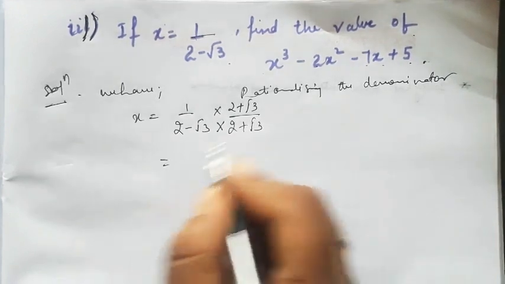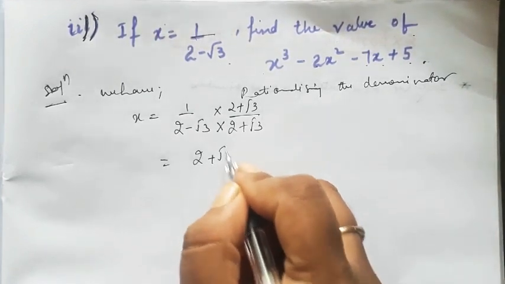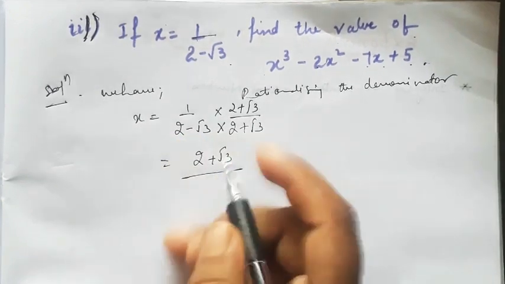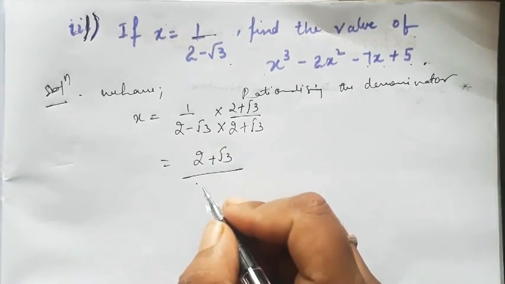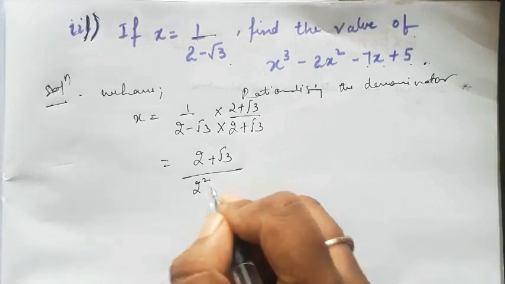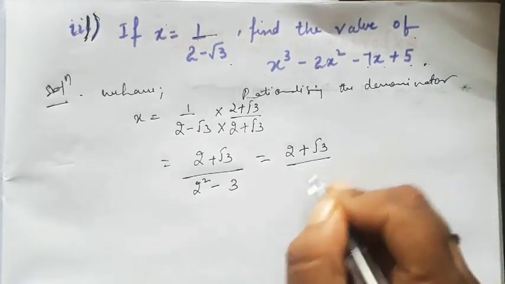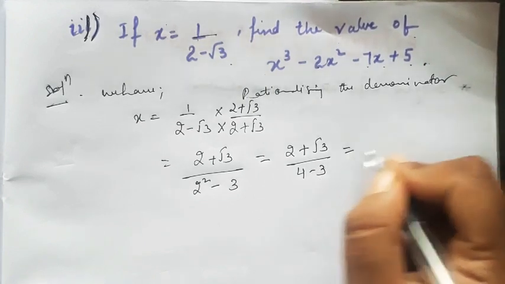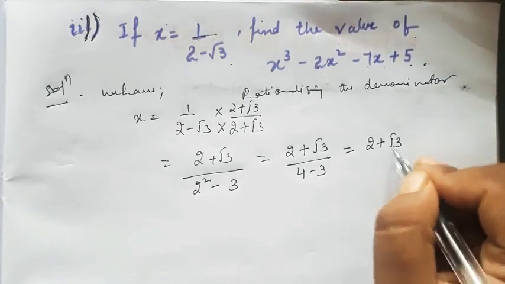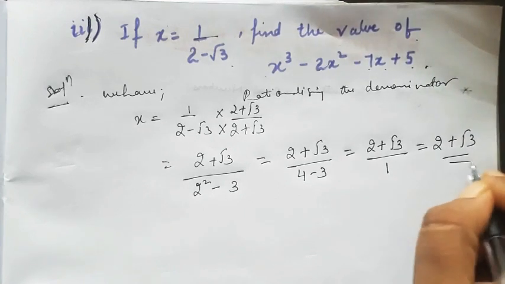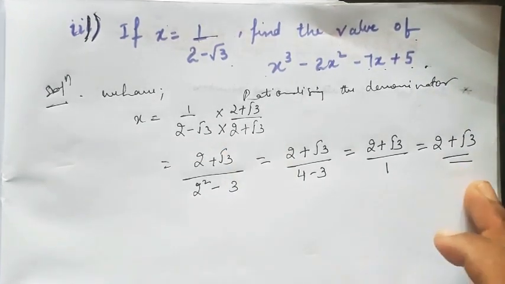So we are left with 2 plus root 3 in the numerator, and a minus root b times a plus root b is a square minus b, that is 2 square minus 3. So I am left with 2 plus root 3 upon 4 minus 3, which is 2 plus root 3 upon 1, which is equal to 2 plus root 3. It is the value of x.